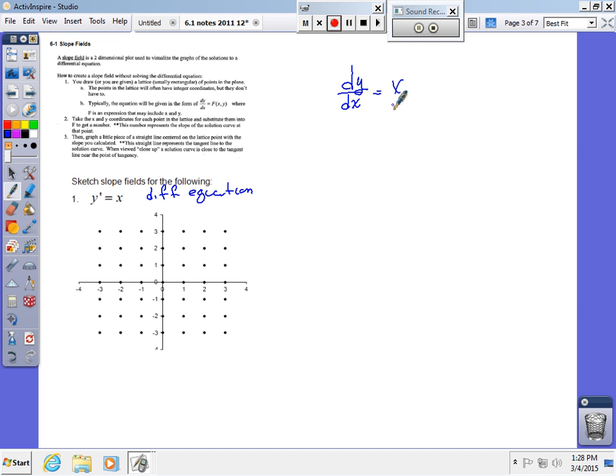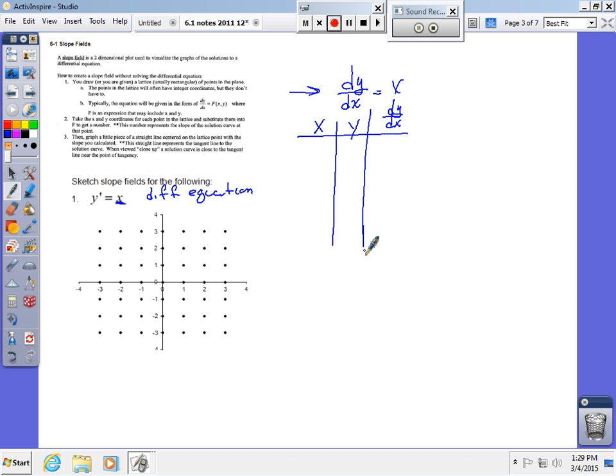Well, we plug the point into here, because the differential equation gives you the derivative. This one's a little bit easier because the right-hand side is only in terms of x. Sometimes it'll be in terms of y, sometimes in terms of x and y. So we're going to make a table of values: we choose x values and y values, and plug them into dy/dx to find out what the slope is at that particular point.